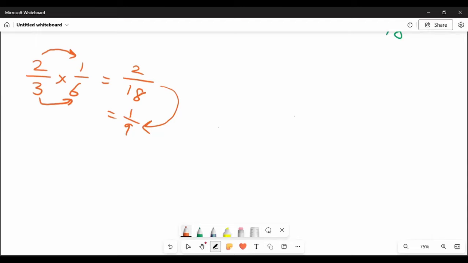Okay, keeping the fraction in the simplest form, or dividing the numerator and denominator both by the same number. Do you all agree with me? Simplifying fractions means, listen properly, dividing the numerator and denominator both by the same number. That's what we have done here. We divided the numerator and denominator both by 2.